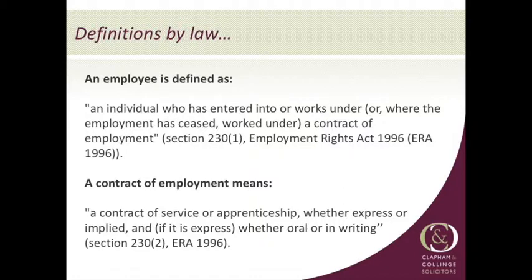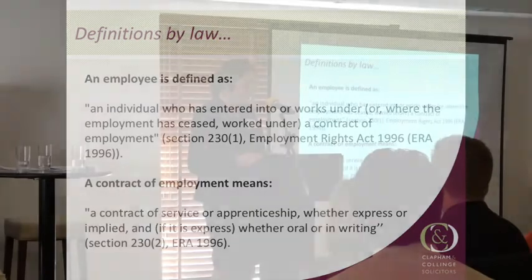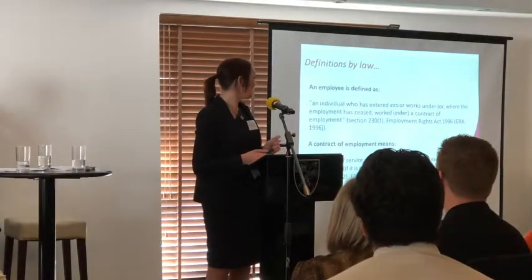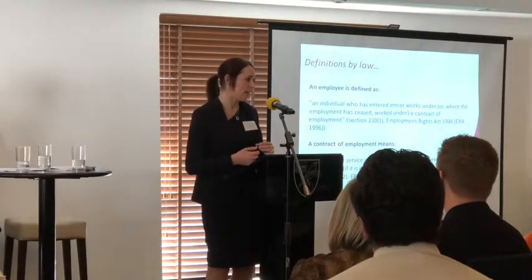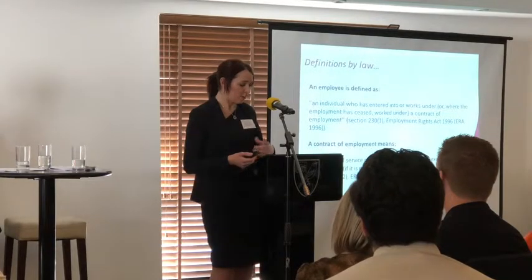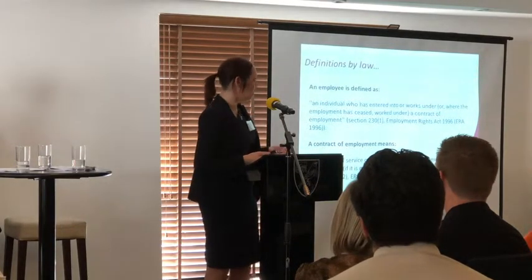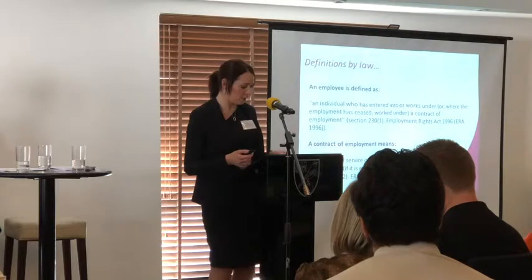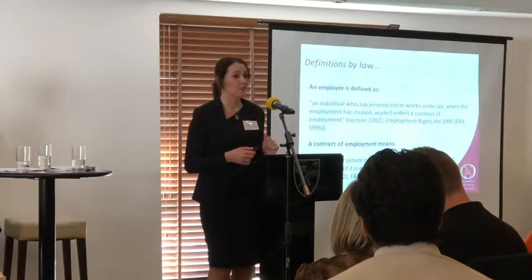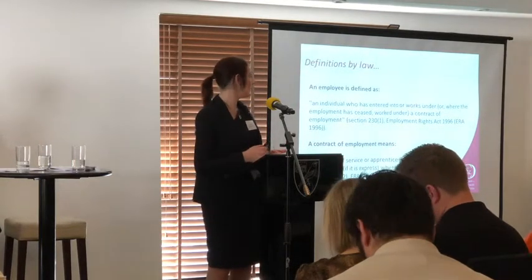So it's not necessarily so easy to determine. This definition has been extensively explored and construed through case law over a number of years. You can't simply look at this to determine whether or not an individual is employed, so you need to look at the key factors which have been identified in case law.